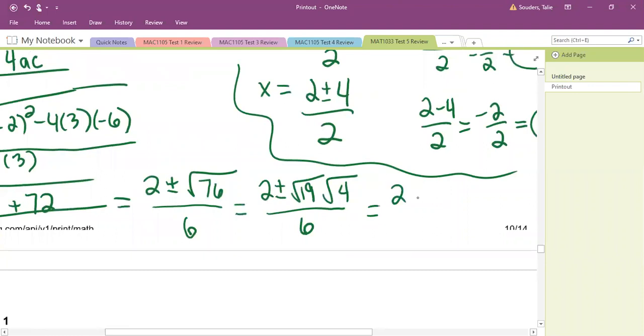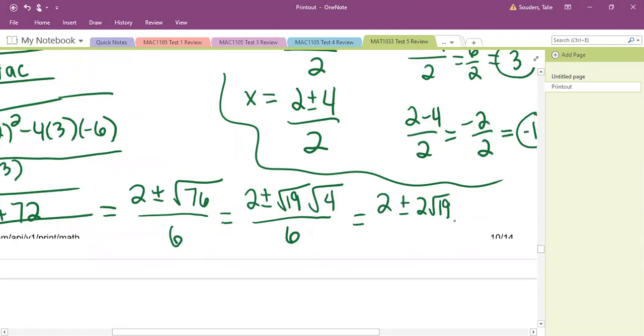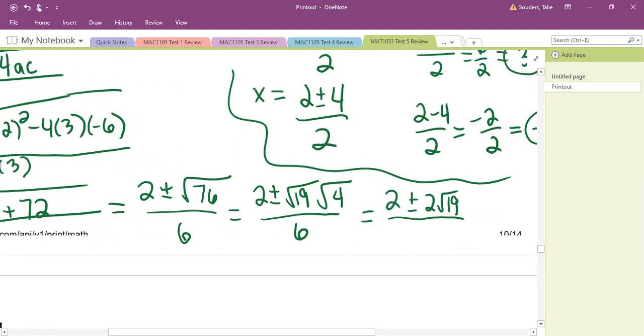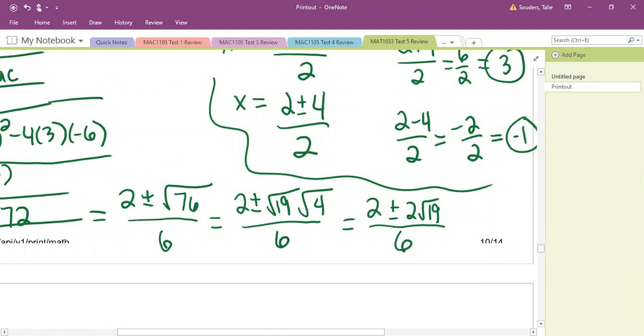So now that you've simplified the radical, you need to see if the overall fraction can be simplified. Is there a number that divides evenly into the coefficient of the radical, not the radical itself, but the 2 in front, and the 6? So is there a number that divides evenly into 2, 2, and 6?